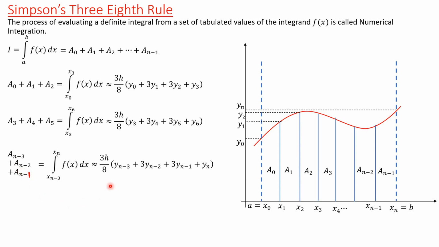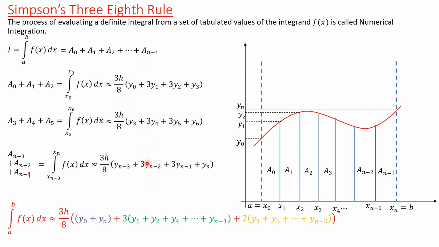In the trapezoidal rule, there is no condition on n. In Simpson's 1/3 rule, there is a condition on n, that n has to be even. Now here for Simpson's 3/8 rule, n must be divisible by 3, because we are using 3 strips at a time.